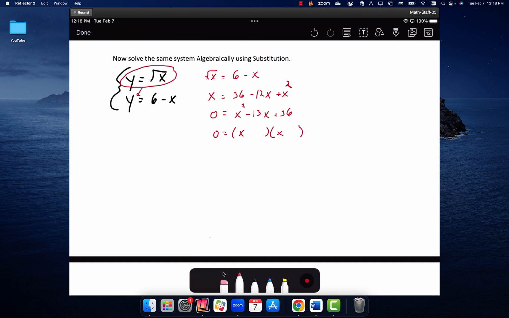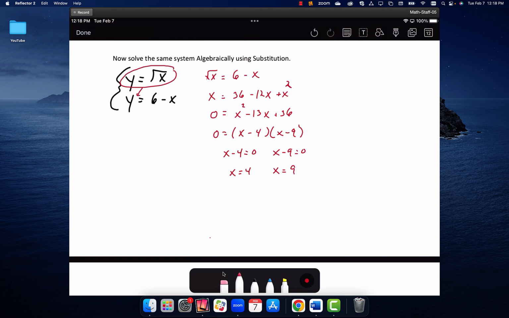We want two numbers whose product is 36 and whose sum is -13. That is -4 and -9. Set each factor equal to 0. And we get x is 4 and x is 9.